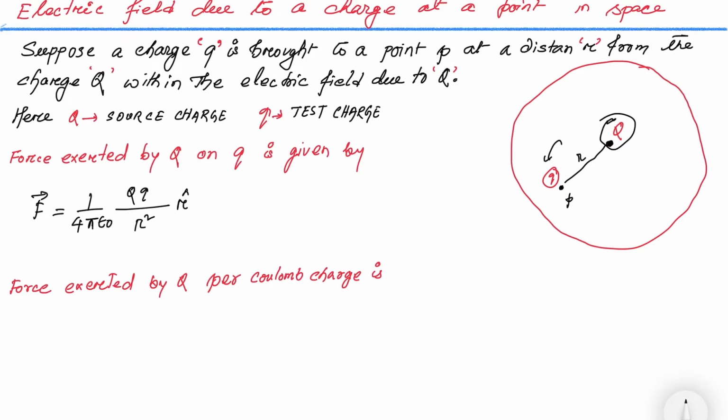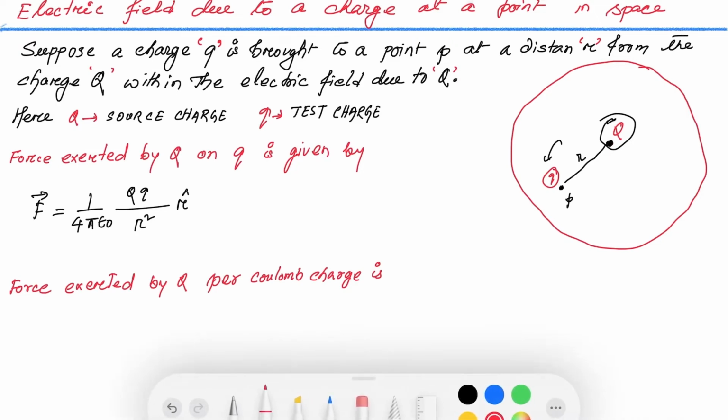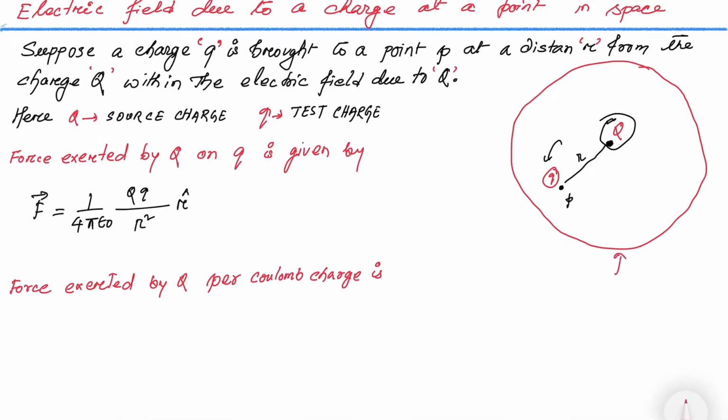In vector form it can be written this way, right? Now here you see this electric field that I have drawn here. For the existence of this electric field, the Q charge is responsible. That's why this Q charge is regarded as the source charge, and the charge which is brought to this point P is the test charge.